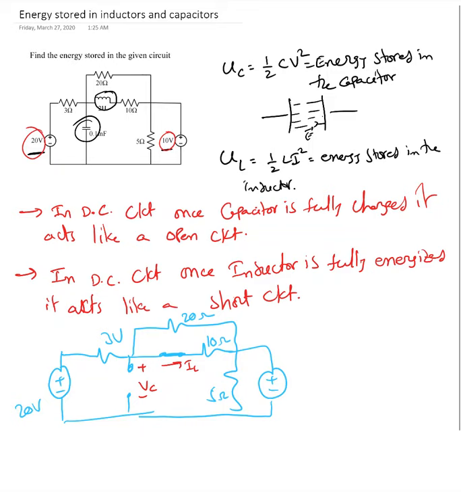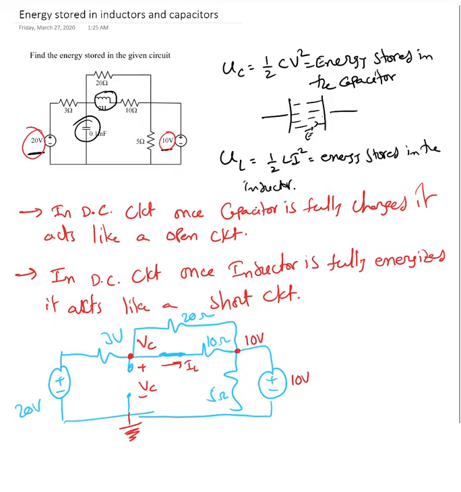Since there are two sources, for sure I cannot solve it by series-parallel combination. I have to use either mesh analysis or nodal analysis. I'm going to use nodal analysis. The voltage at that point is VC, and the voltage here is 10 volts.